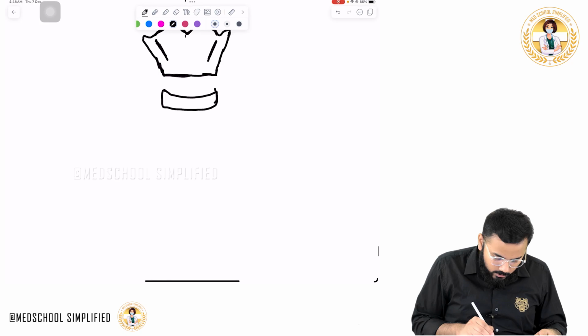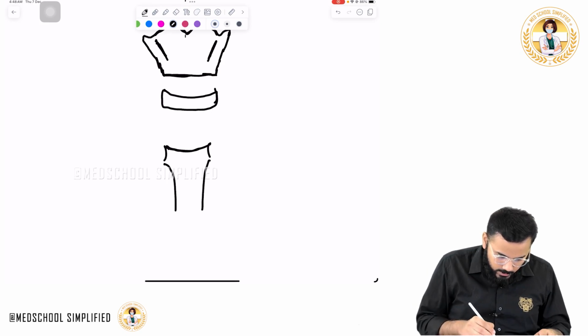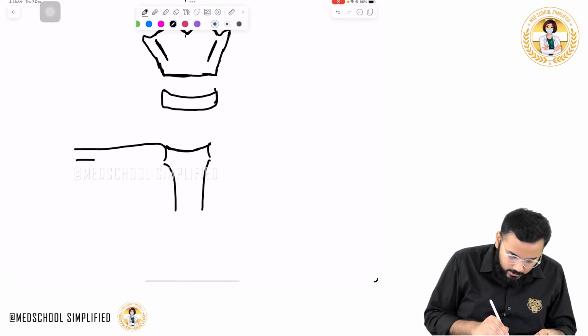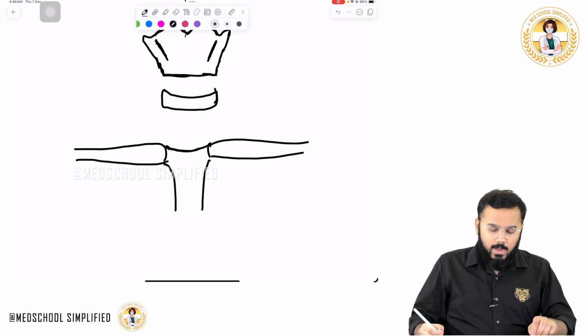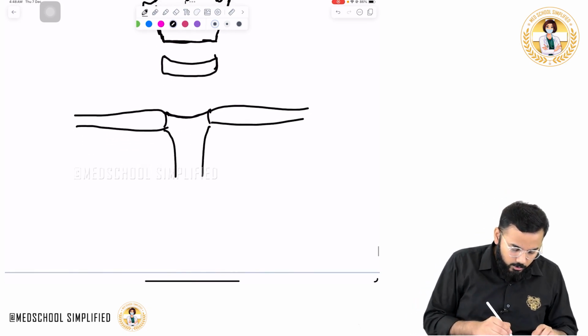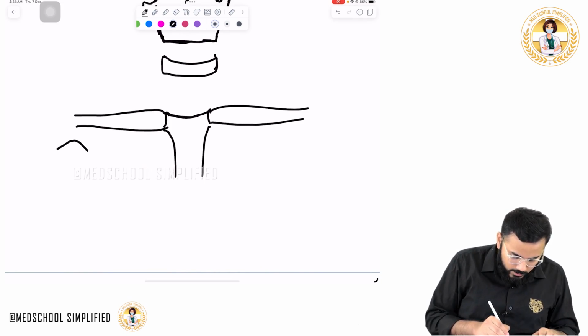And down here you have your sternum, and here you have your clavicle. Not to forget that you even have your scapula over here.